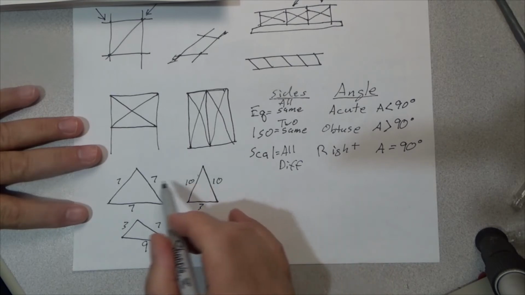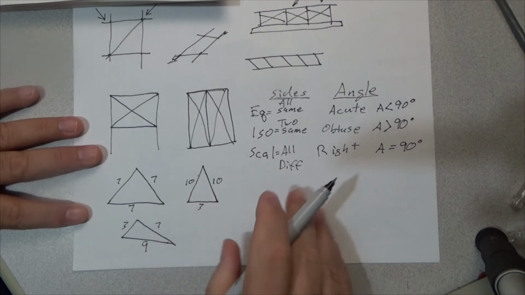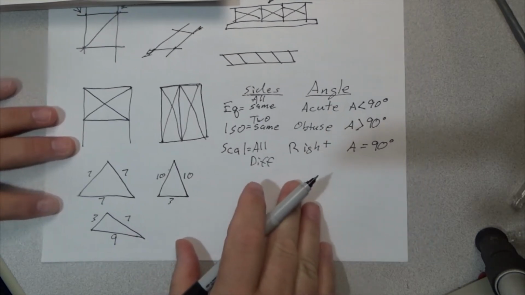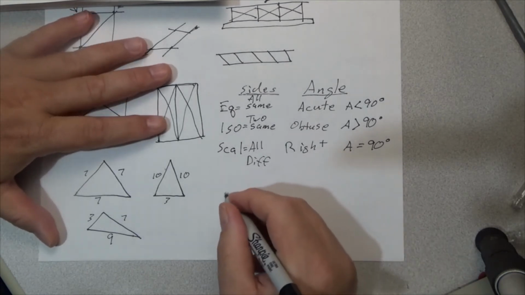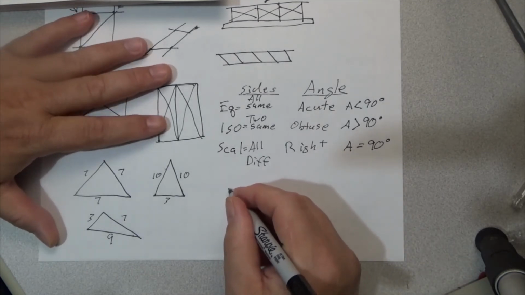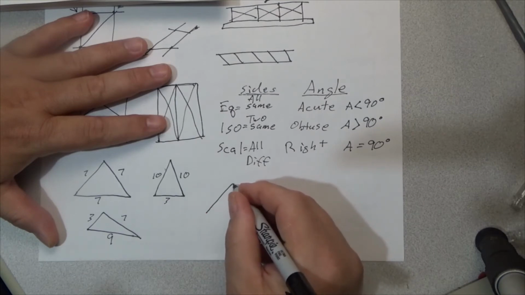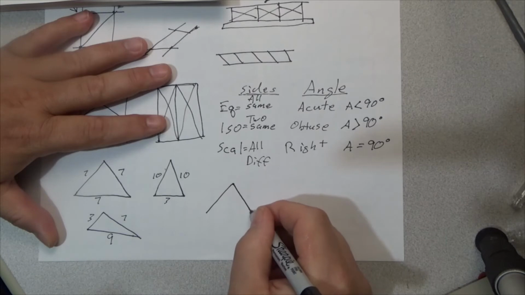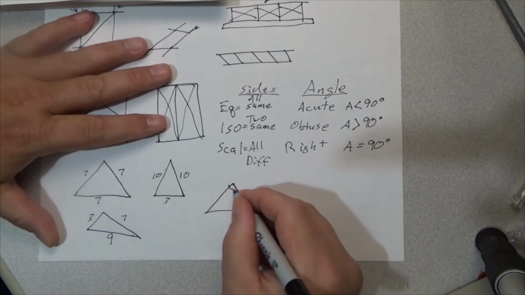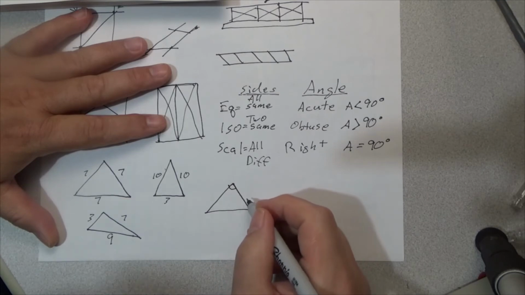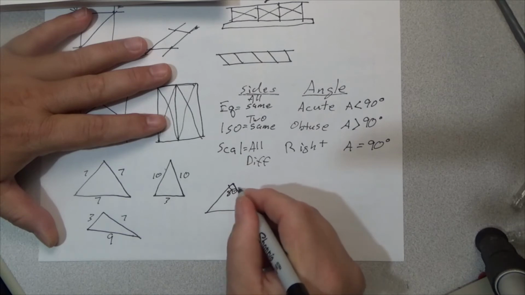So these are all addressing the triangles by their sides. Now, addressing them by the angle, an acute. So let's say you've got, let's see, that's 90. If I just try to get it here. So as long as this main angle right here, the biggest angle, is less than 90, let's say this one is 80 degrees.